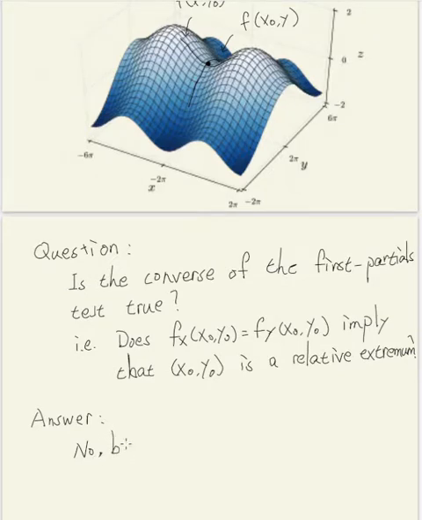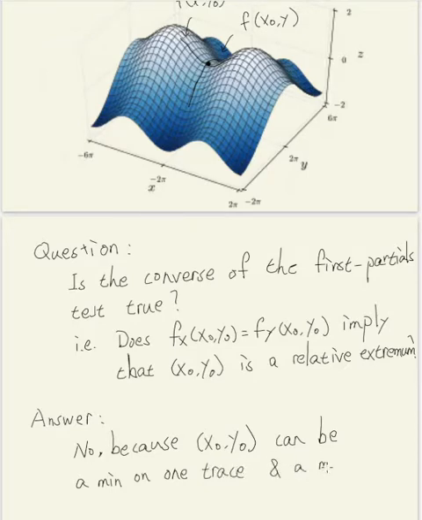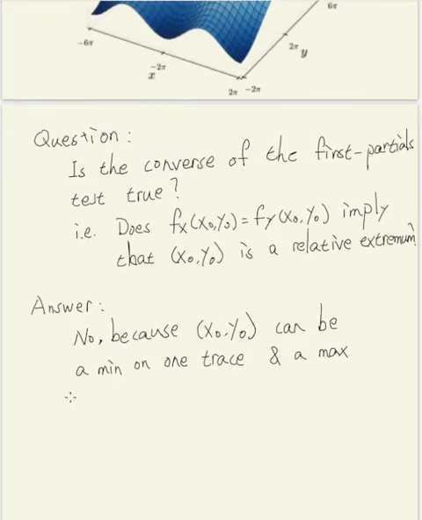So here the explanation is because the point x naught, y naught can be a minimum on one trace and a maximum on the other trace.